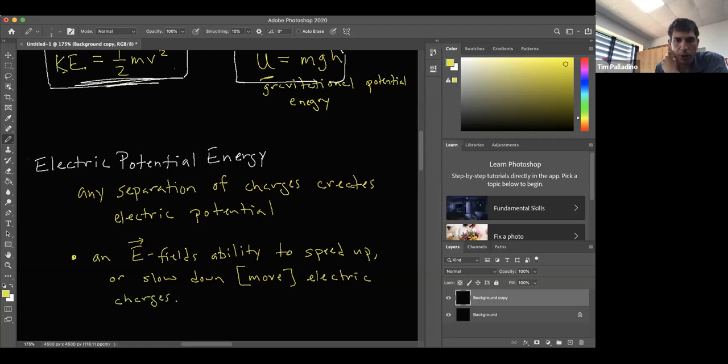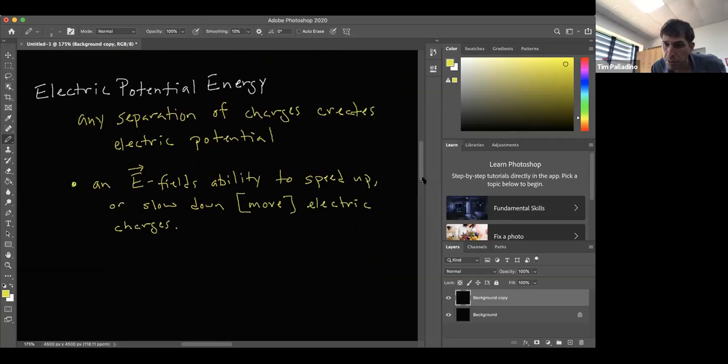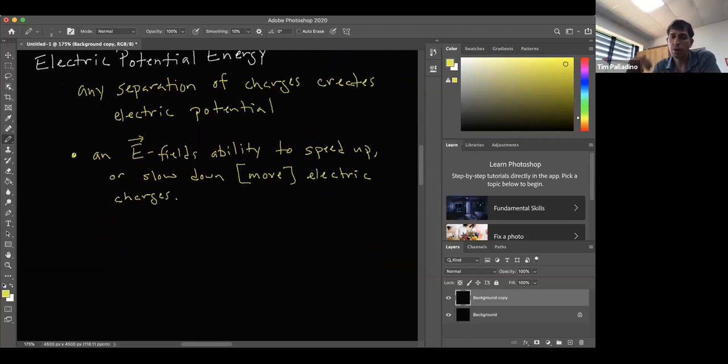So what does an electric potential have the potential to do? To cause charges to move, to speed up, to slow down. When you have an electric circuit, like a battery connected to a light bulb, you cause the electrons in the wire to move. Moving electrons create an electric current, okay?